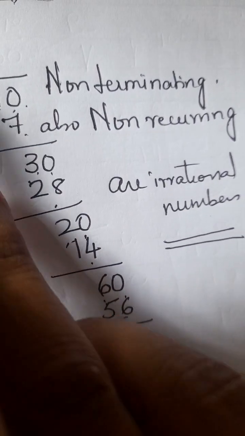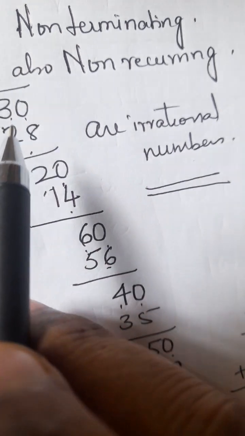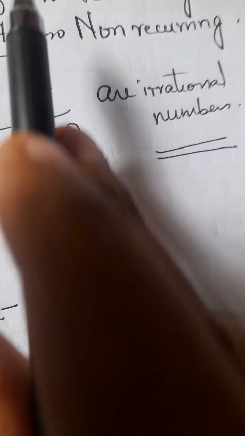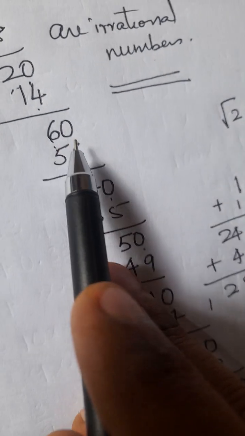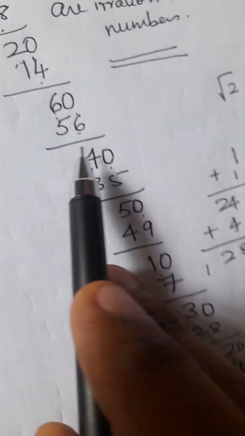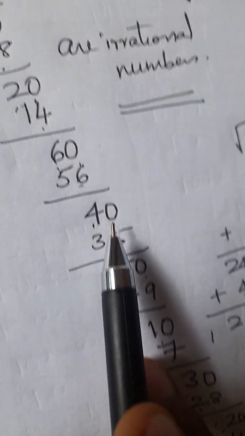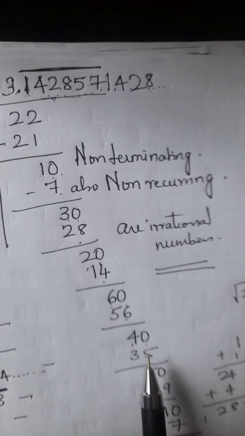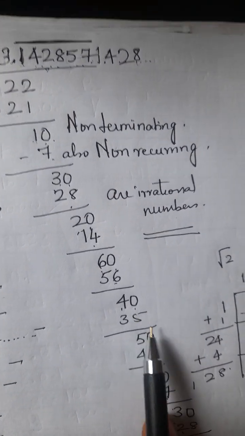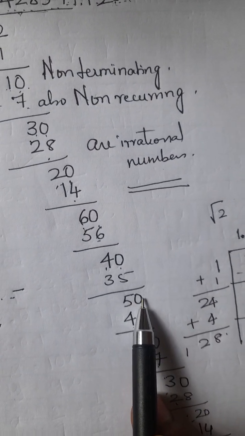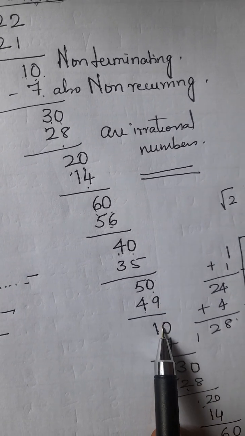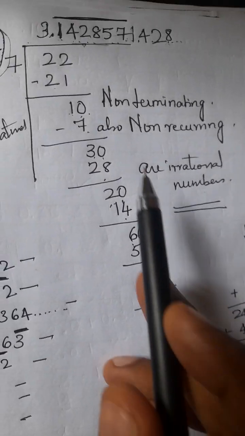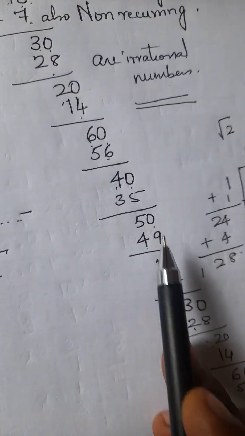I put a point, add a 0: 7 4s are 28, remainder 2. Add a 0: 7 2s are 14, remainder 6. Then 7 8s are 56, remainder 4. Then 7 5s are 35, remainder 5. Then 7 7s are 49, and you get remainder 1 again. So you can see the same series gets repeated after this.